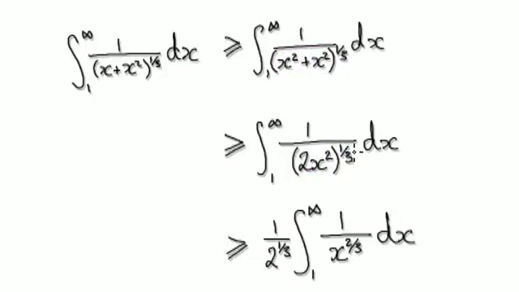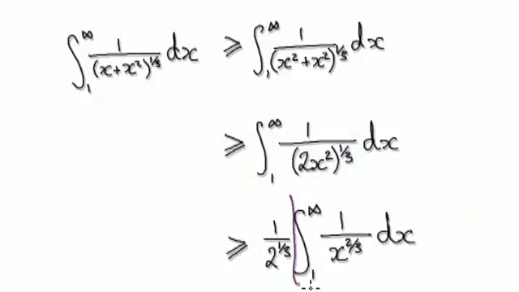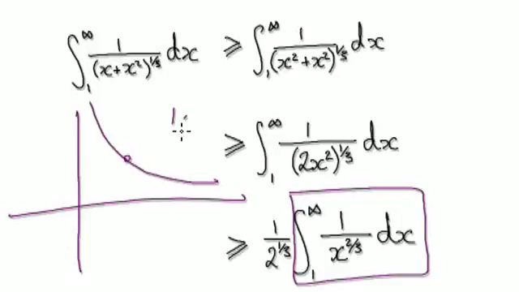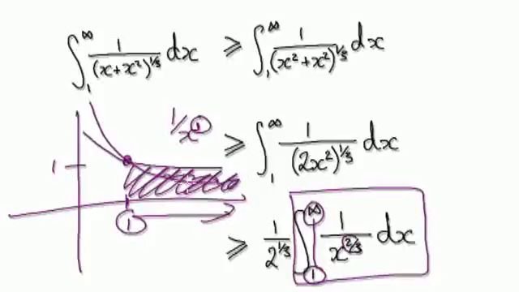So we've done this before. This thing here then becomes this. You should have this diagram ingrained in your mind: 1 over x looks like this, from 1 here, 1 here. This is to the power of 1, and anything less than 1 will look something like this. So from 1 all the way to infinity, this region is going to diverge.